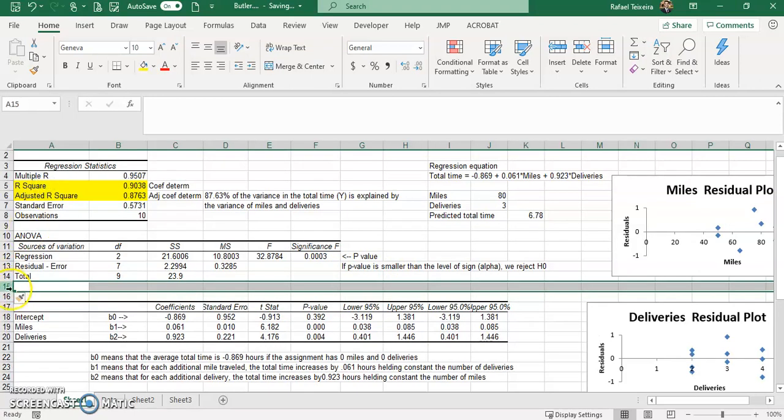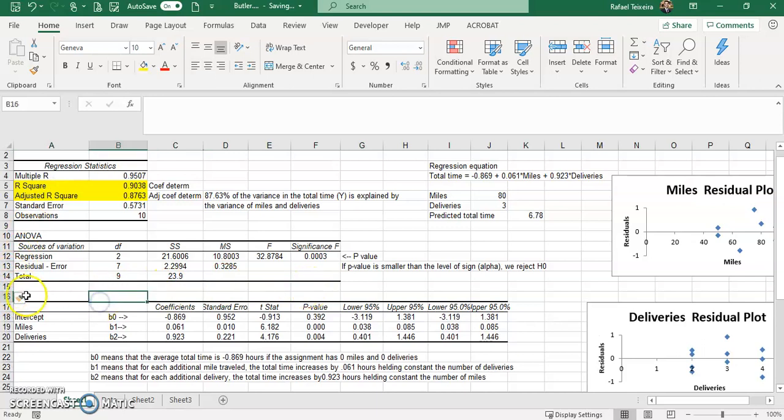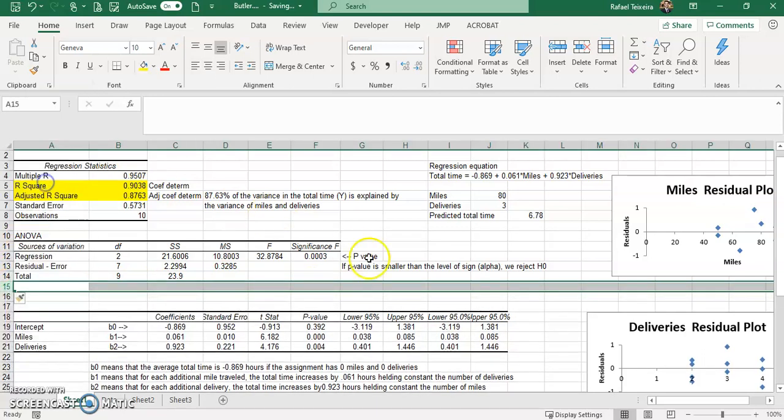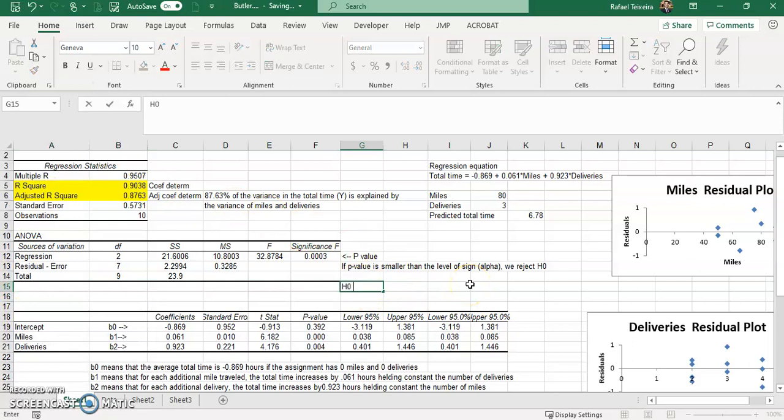So the null hypothesis is that there is no relationship between y and all x's, which is, there is no relationship between the dependent variable and the independent variables.